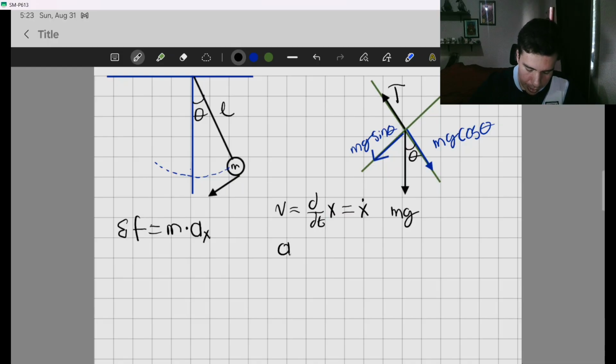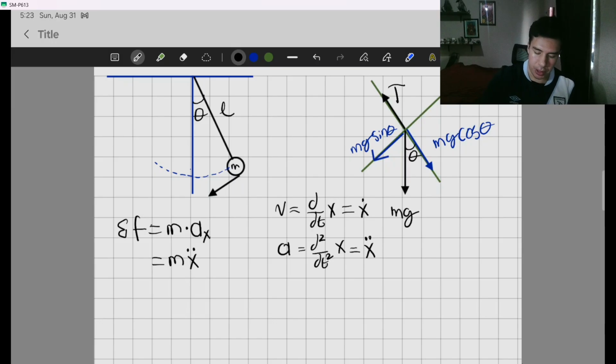And the acceleration will be the second derivative of the position, and it's notated with x double dot. So we'll be rewriting this with x double dot, because this is the only force that makes the pendulum move, the x force based on our diagram.